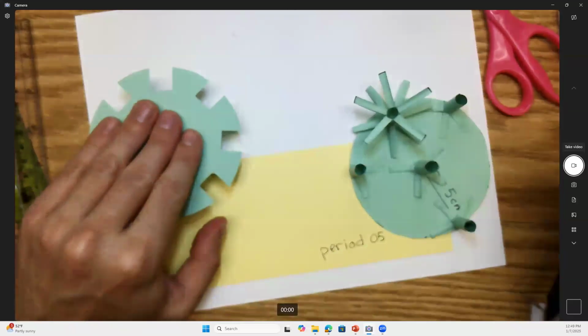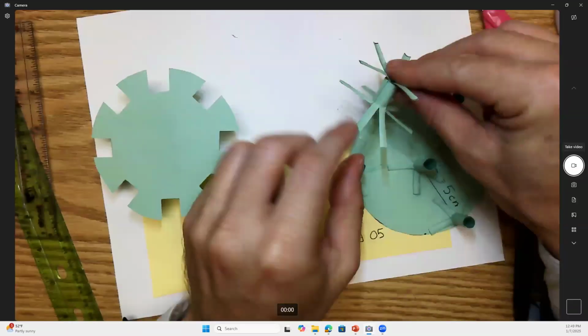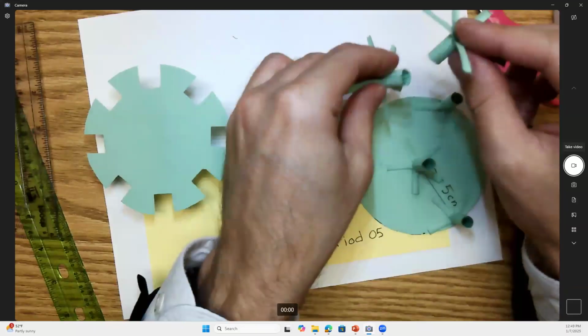All right. Let's try this other one here.